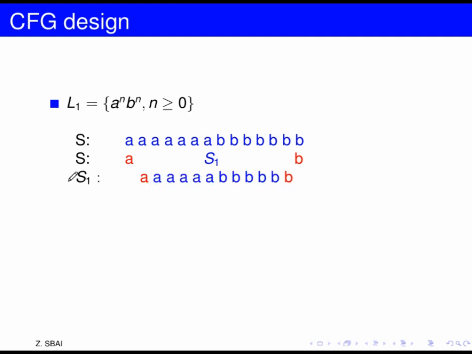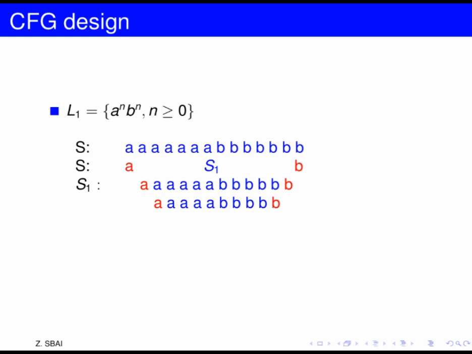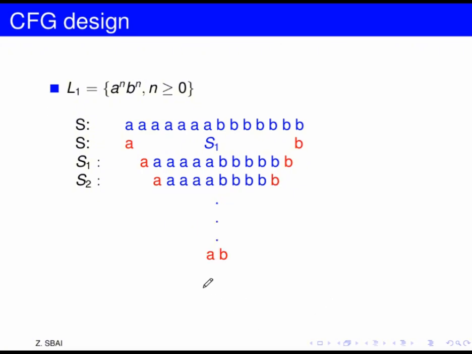And for S1, we will say that it's the letter A followed by another string followed by this letter B. The string in the middle will be S2, and S2 also we'll decompose in 3 parts: A, another string, and B. And we'll do this many times until we find just A with a B, and the string in the middle here will be epsilon.